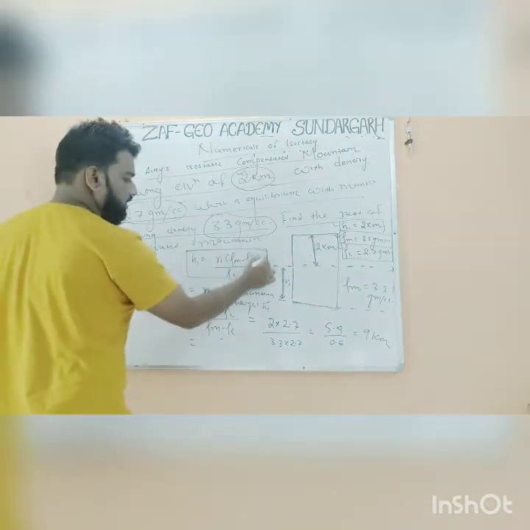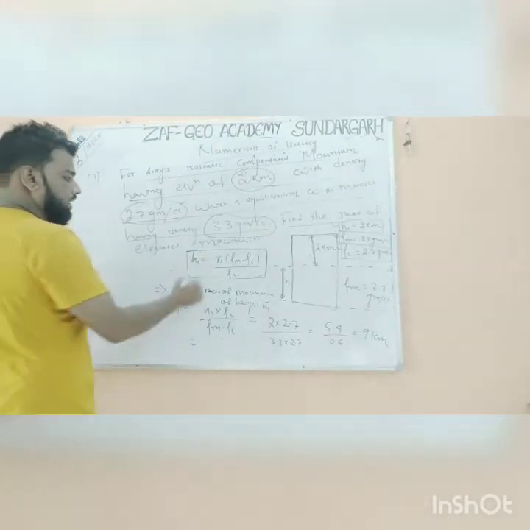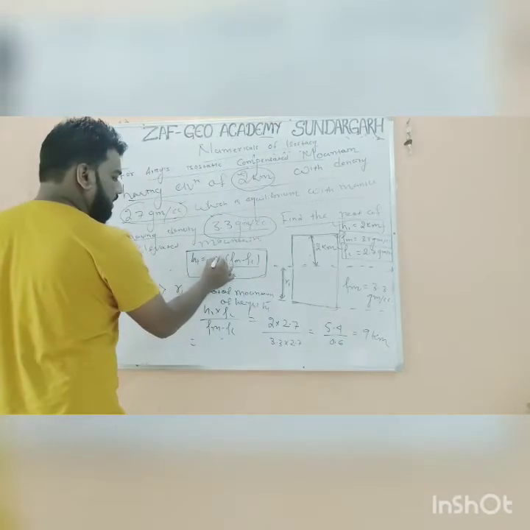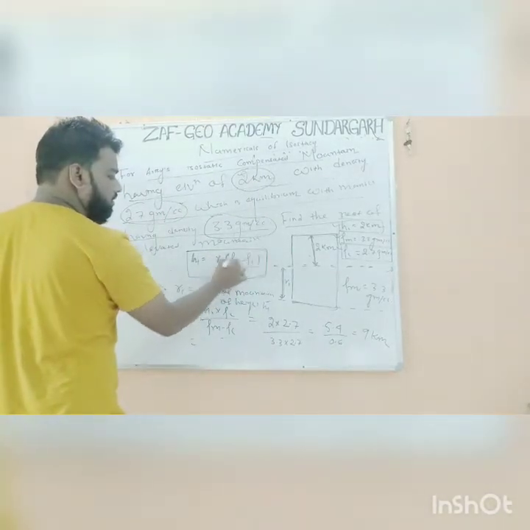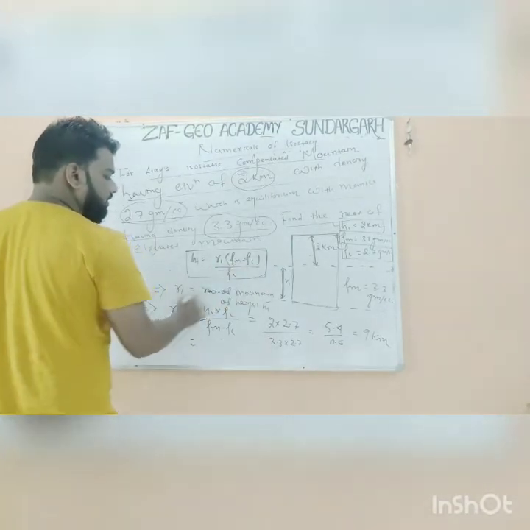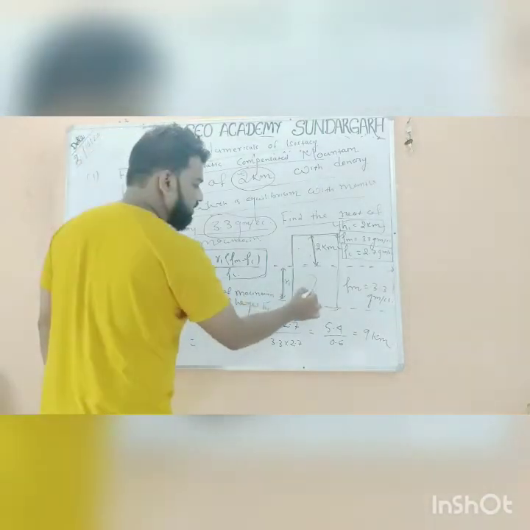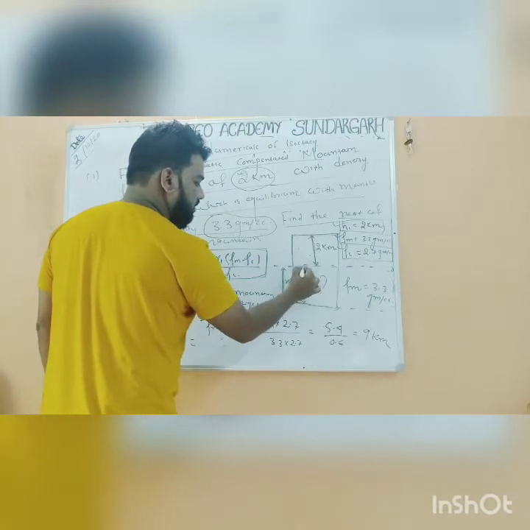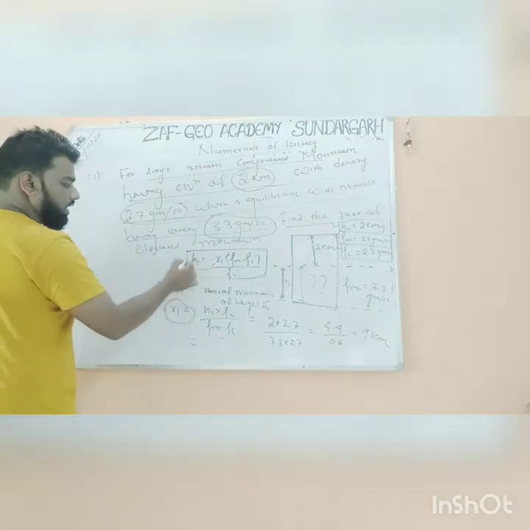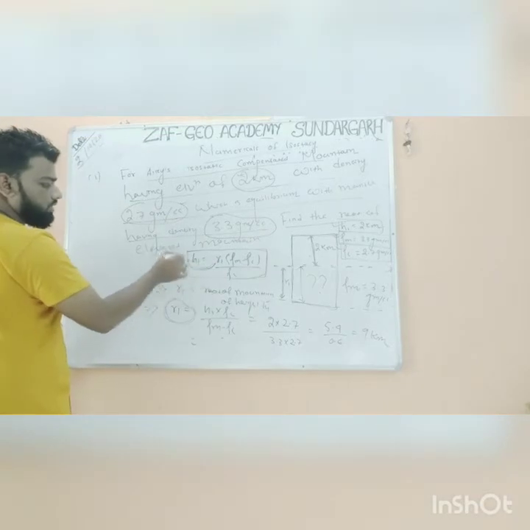Now for Airy's model of isostasy, h1 will be equal to r1 times the bracket rho m minus rho c, divided by rho c. Now we have to calculate r1, this root. I make r1 the subject on the left side.